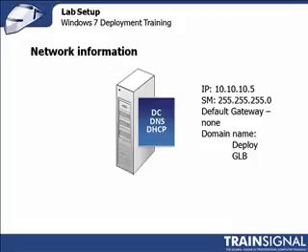We have a 24-bit subnet mask, and there's no default gateway because I'm on a single subnet. The domain name is going to change from one scenario to the next. When we get into MDT, the domain name will be deploy. When we're into Config Manager, the domain name will be GLB for Green Lizard Books. So the domain name can change from one scenario to the next.